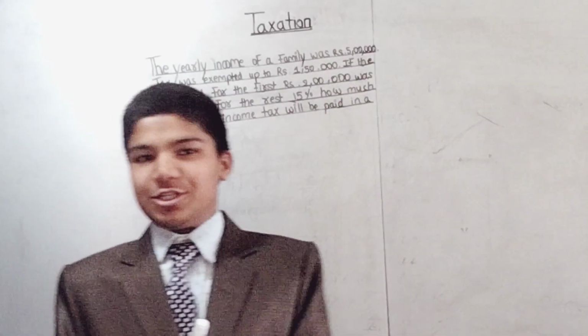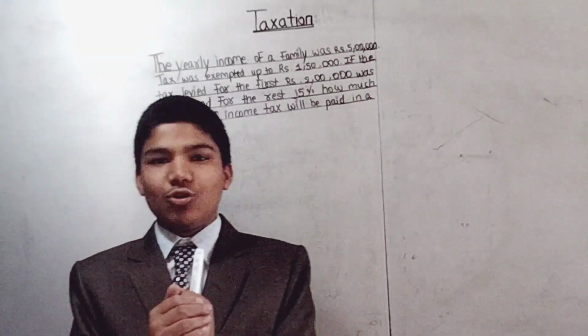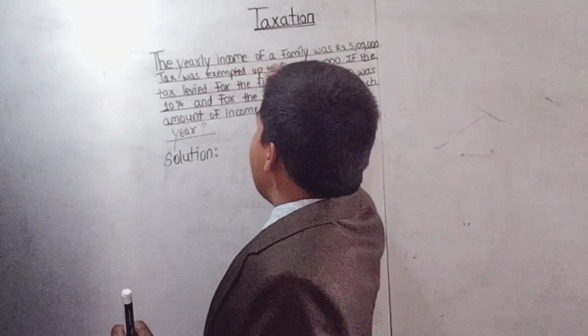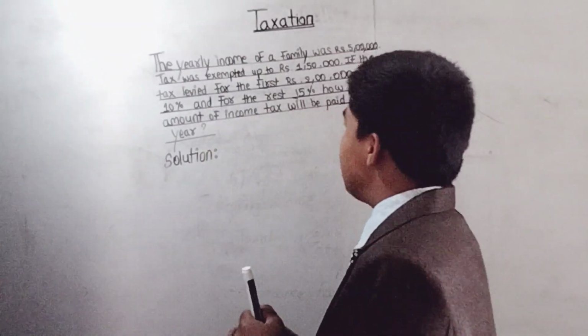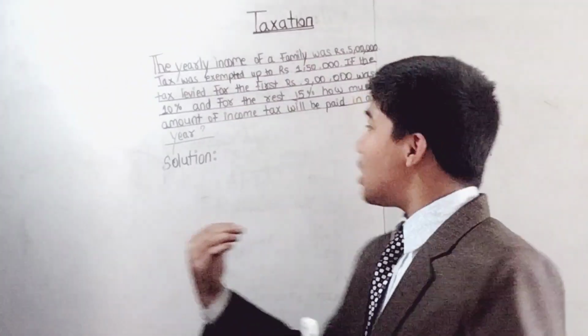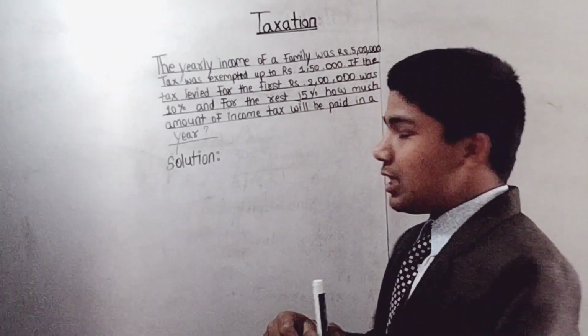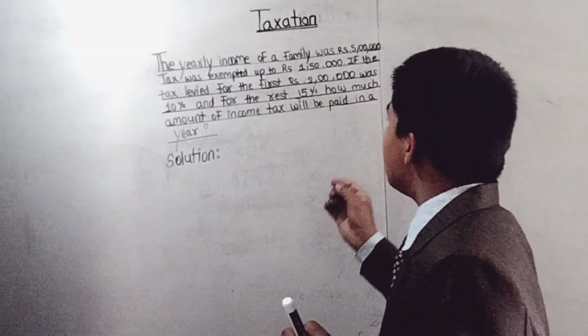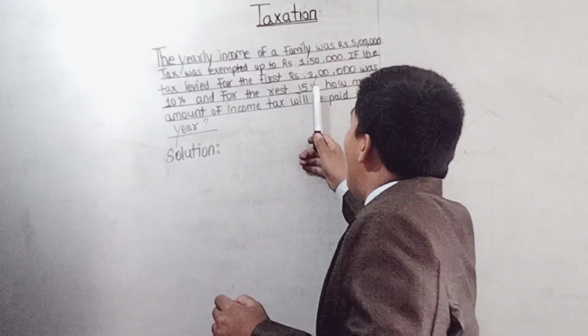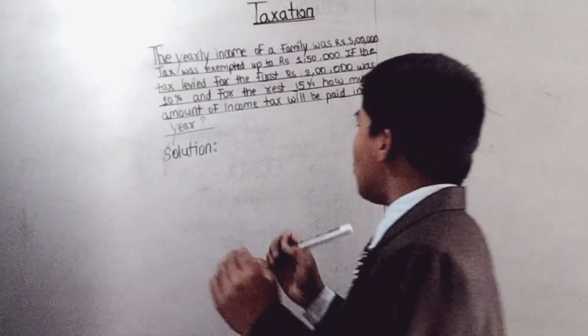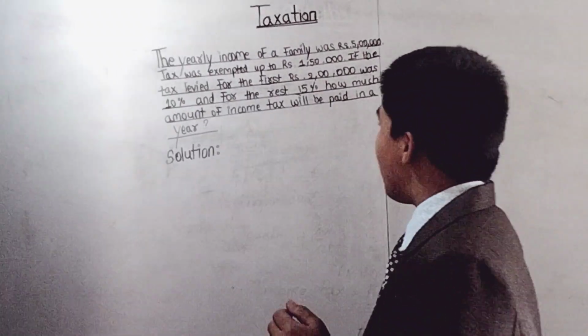Here we have the next question, in which it is told that the yearly income of a family was rupees 5 lakhs. Tax was exempted up to rupees 1,50,000. If the tax levied for the first rupees 2 lakh was 10%, and for the rest 15%, how much amount of income tax will be paid in a year?